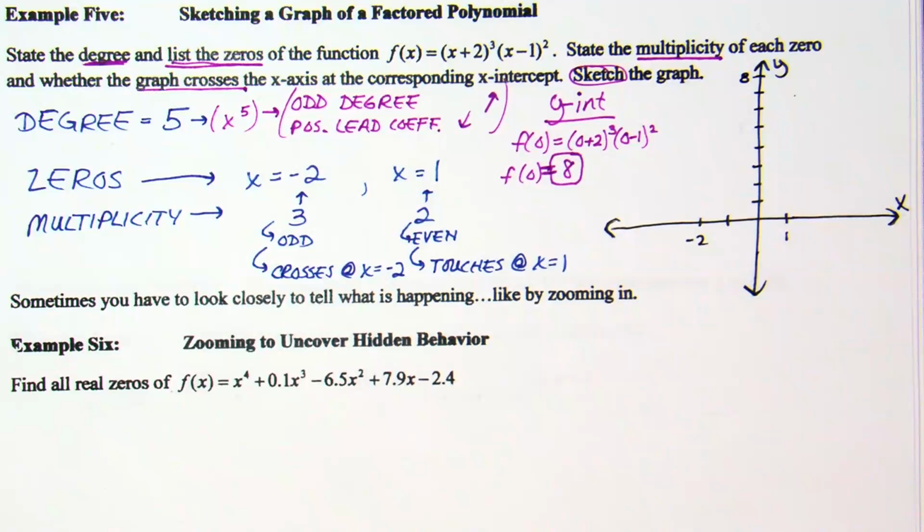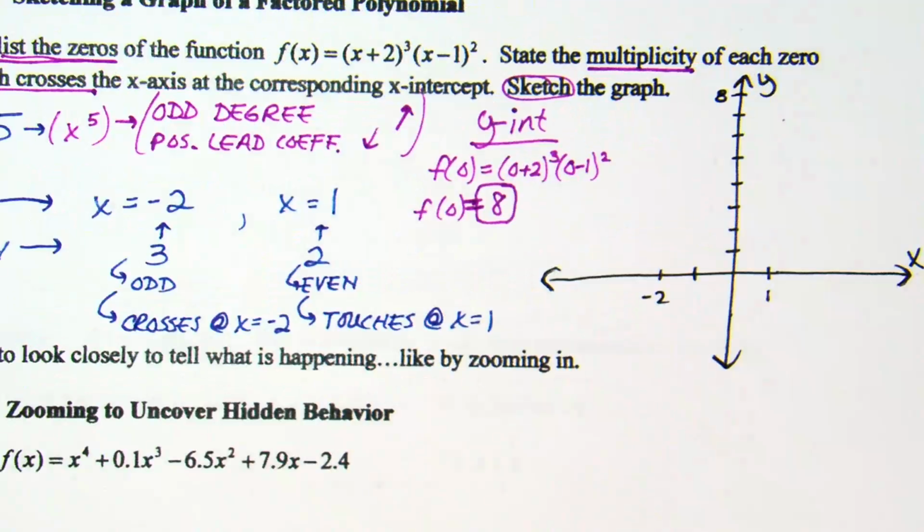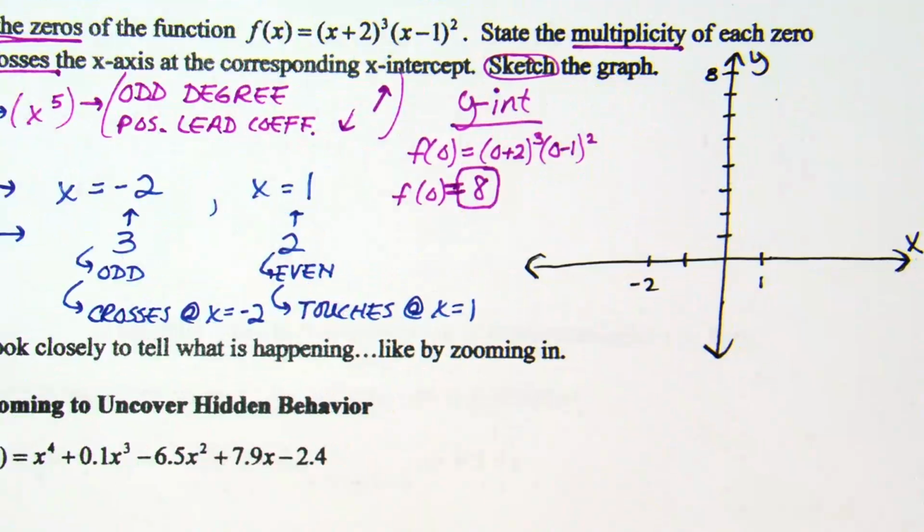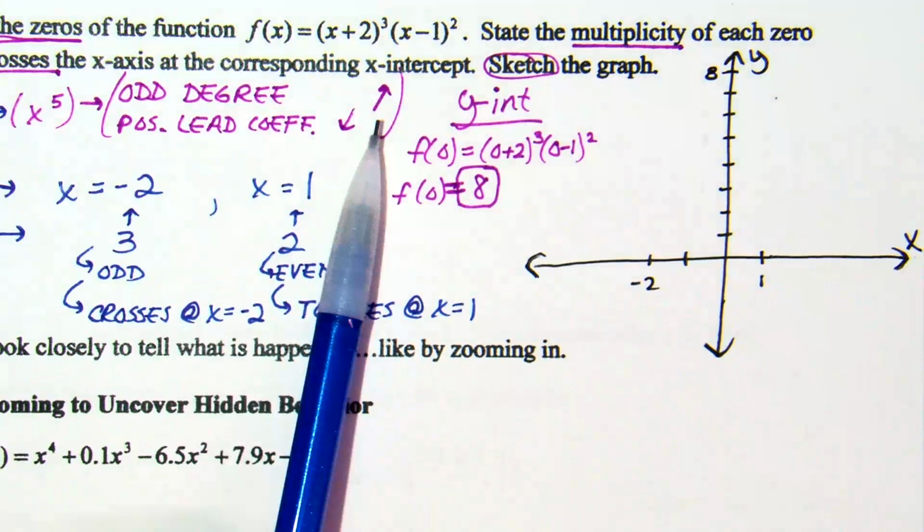Now, trying to zoom this in a little bit, but leave pertinent information up here. Couple of things here. End behavior. We decided our end behavior was down and up.